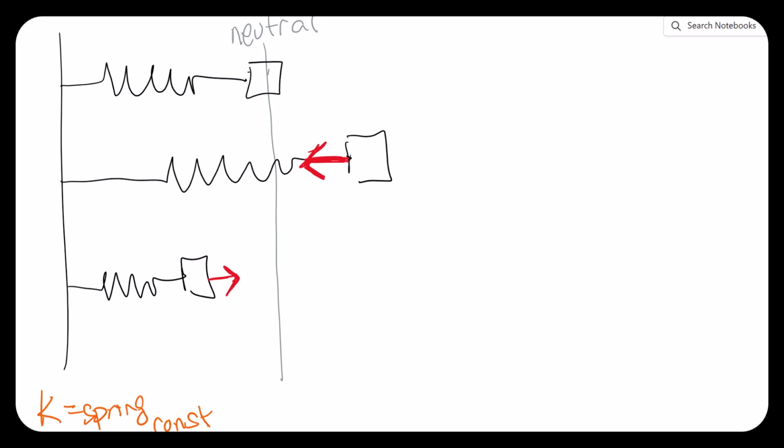and the force could be determined by the spring constant times the distance it is from neutral. Okay, so think about this. What is the work done by the spring going from that position to neutral?